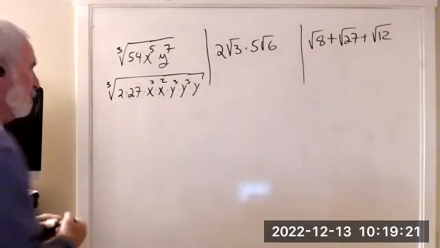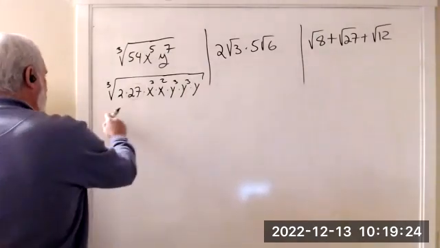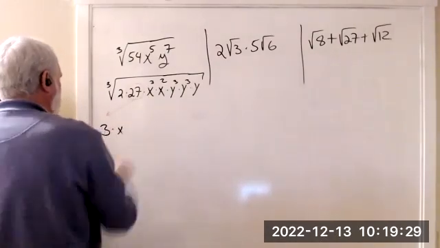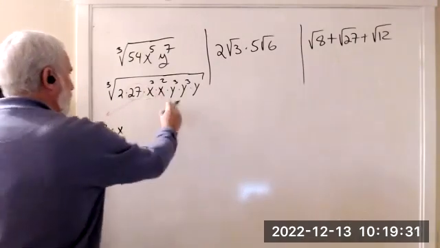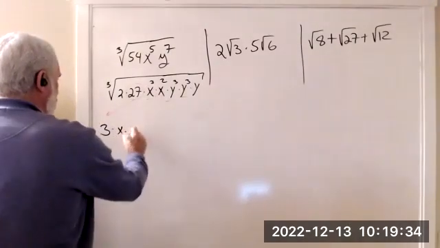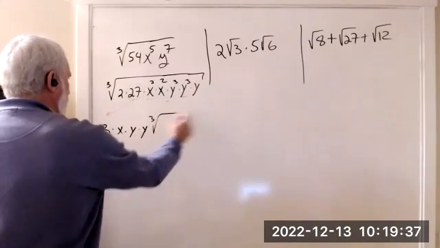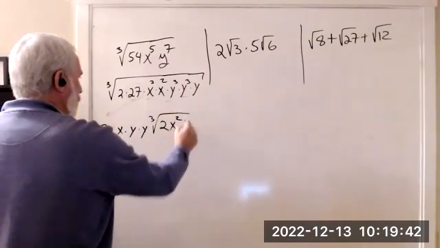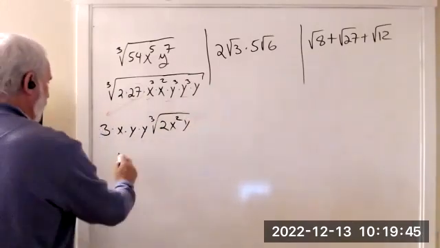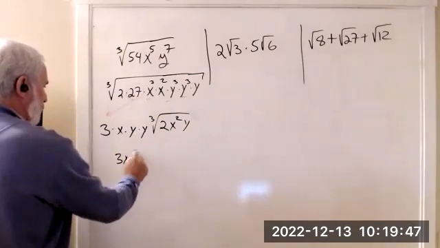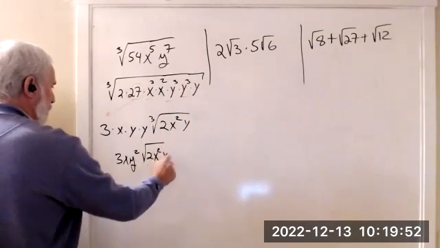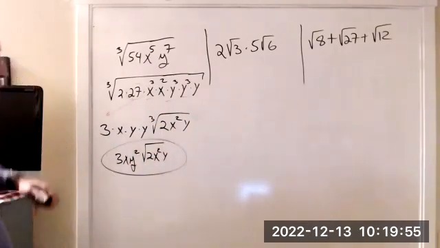So I'm going to take out a 3, an x, and 2 y's. What I'm going to leave inside is a 2, an x squared, and a y. Put it all together, I have 3x y squared times the cube root of 2x squared y. So that would be my answer for the first one. Yeah, that's what I got.